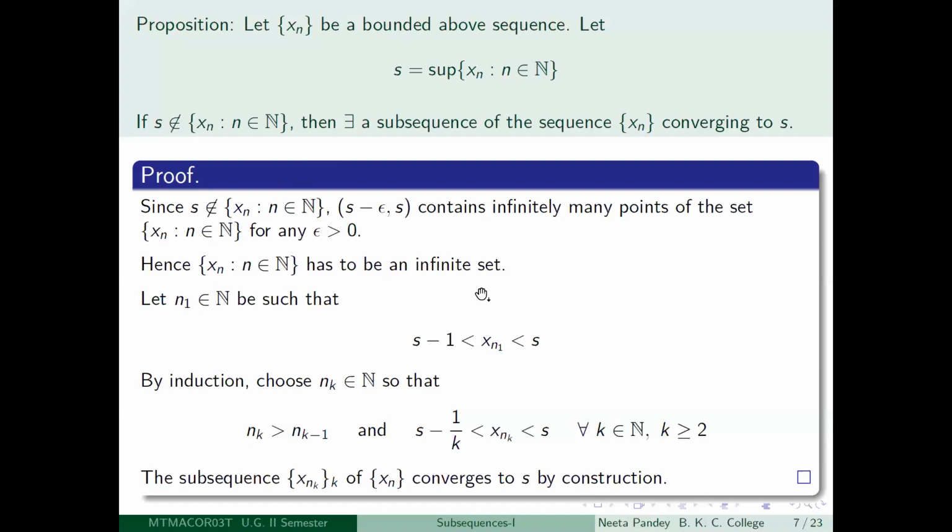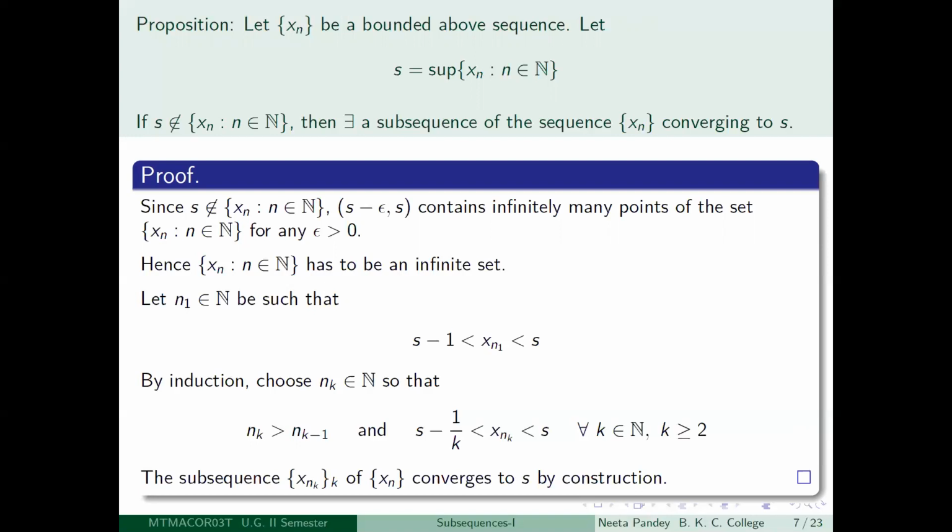It should be taking infinitely many values. So how are you going to justify that? You're saying that for any epsilon greater than 0, the open interval s minus epsilon to s has to contain infinitely many points of the set underlying the given sequence.